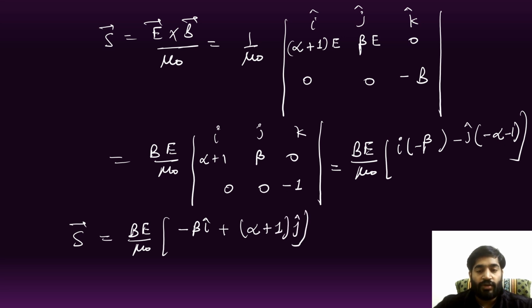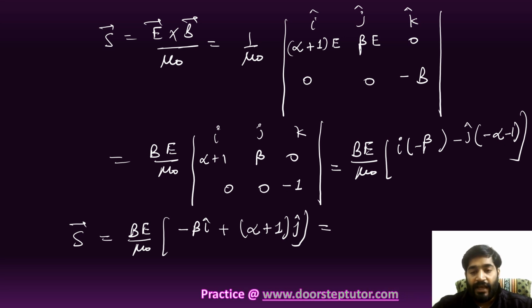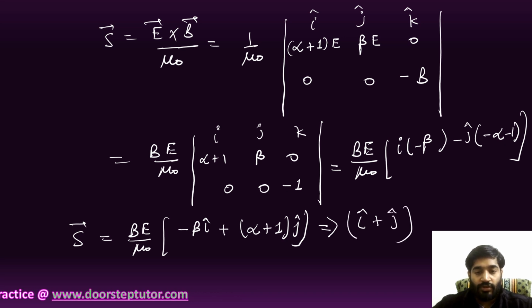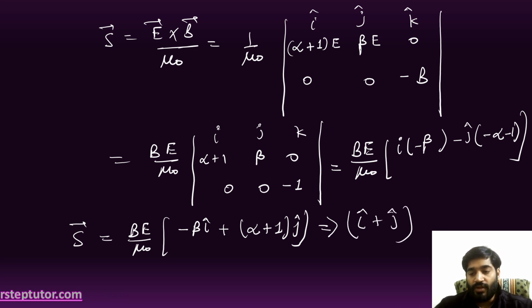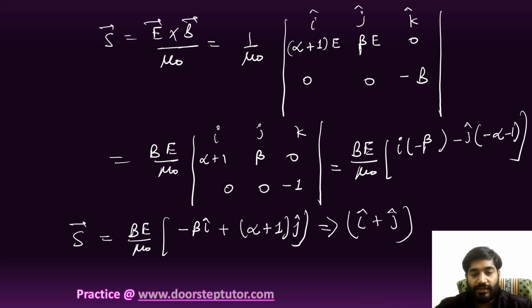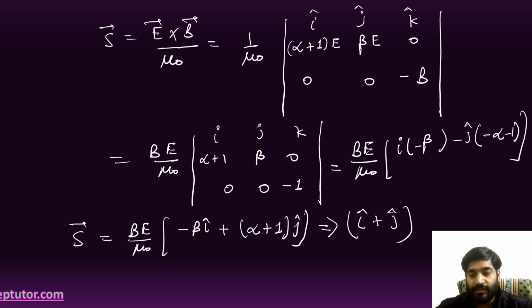But as you know, the Poynting vector is already given, means the direction of the Poynting vector is given, and its direction is I cap plus J cap, isn't it? So just compare them. We got the direction as I cap plus J cap, isn't it? Now what is the coefficient of I cap? It's minus B E over mu naught times beta, isn't it?